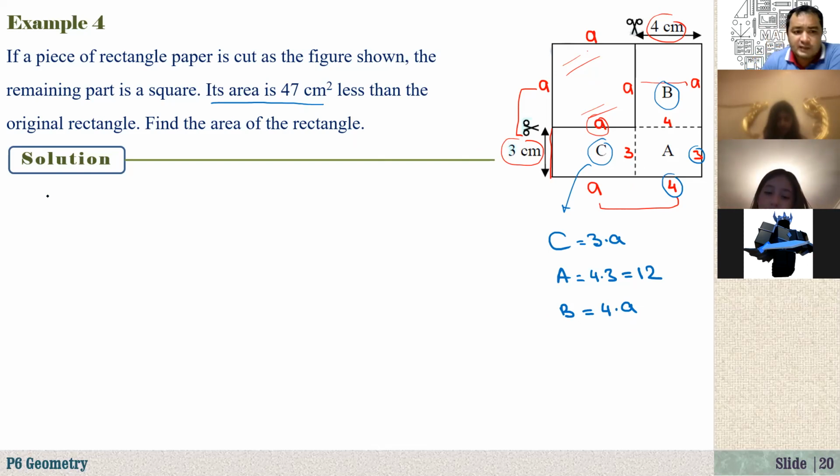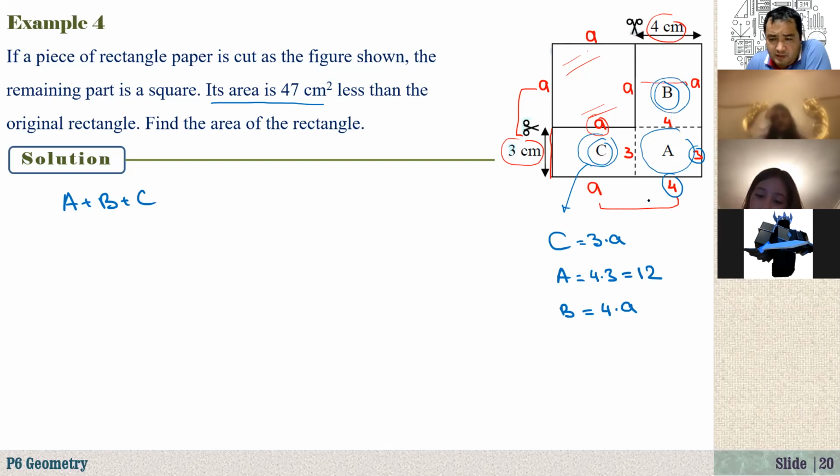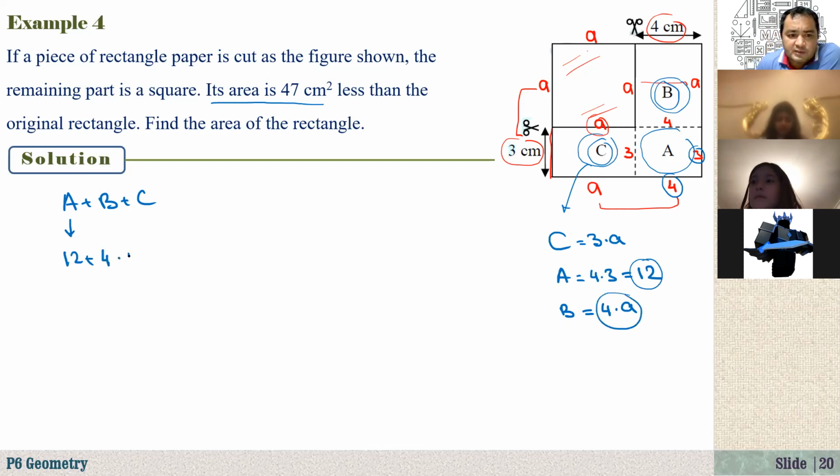The difference is capital A plus capital B plus capital C. Capital A is the area of this rectangle, capital C is the area of rectangle C, and capital B is the area of rectangle B. Do we know the area of A? Yes, it is 12. Substituting here, 12 plus the area of B, which is 4 times A, plus the area of C, which is 3 times A, is equal to 47.